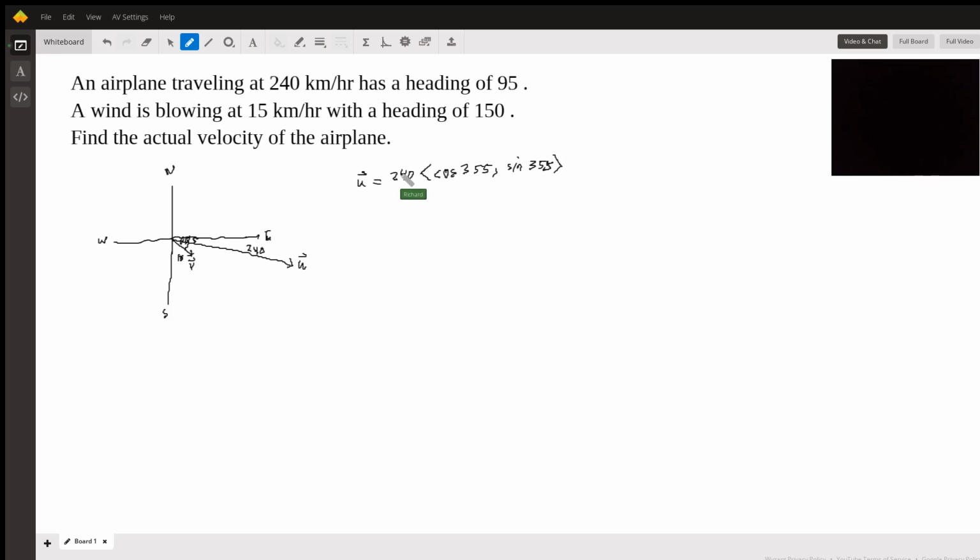This is called the component form of the vector. It's 355 because all the way around would be 360, and then you're coming back down 5.